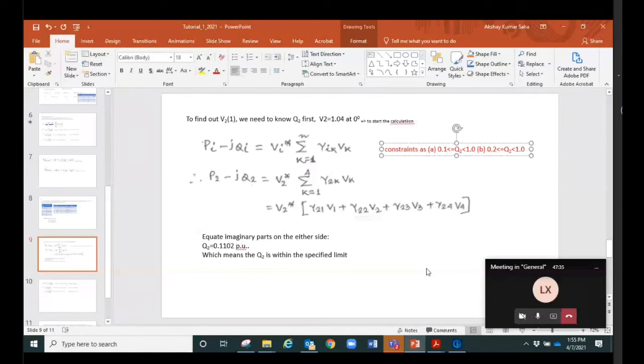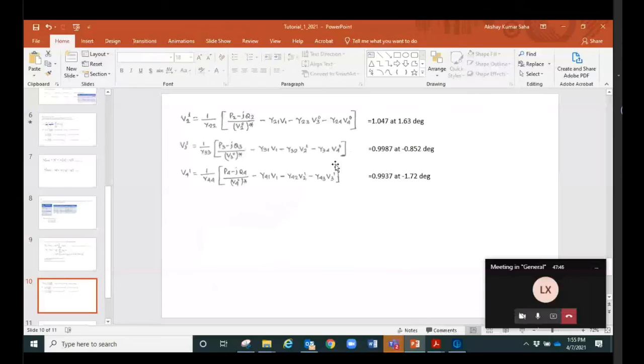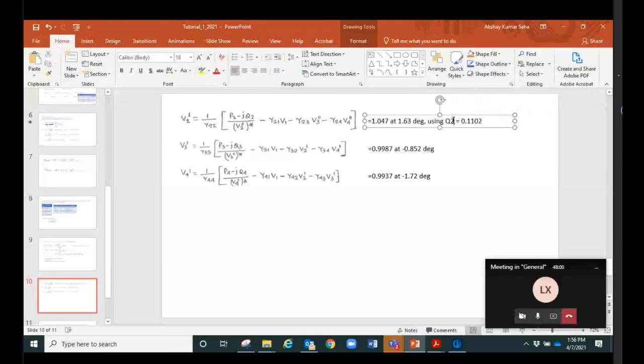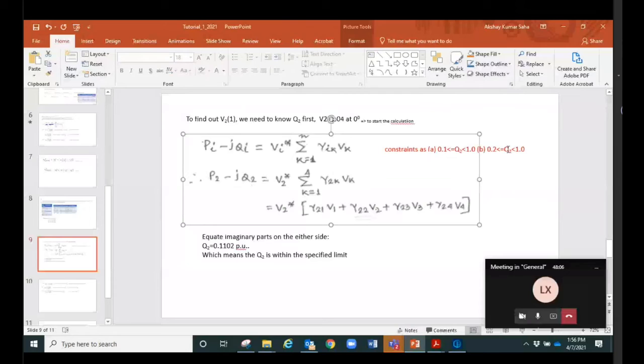In this one, Q2 will be 0.1102. But now if we look at the second constraint, case number B, we come here for the second case.